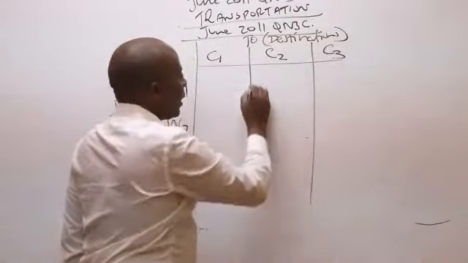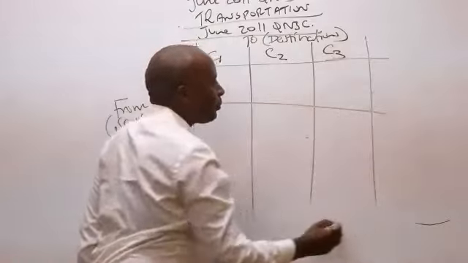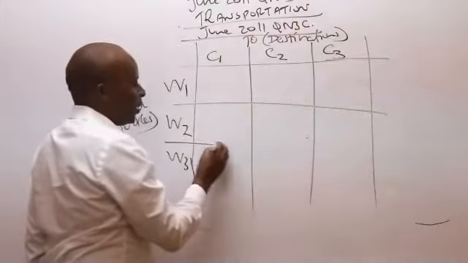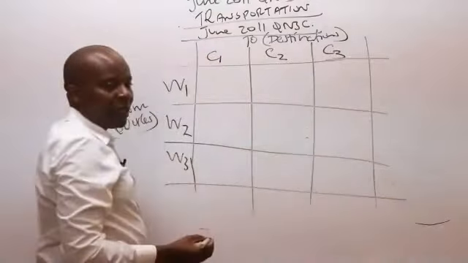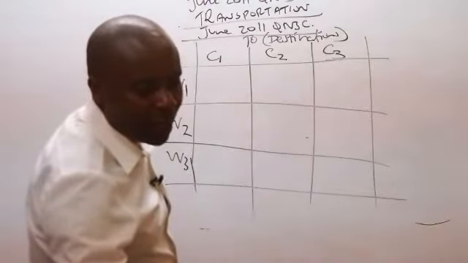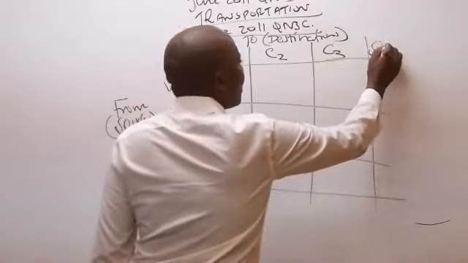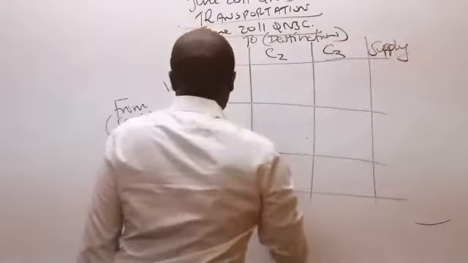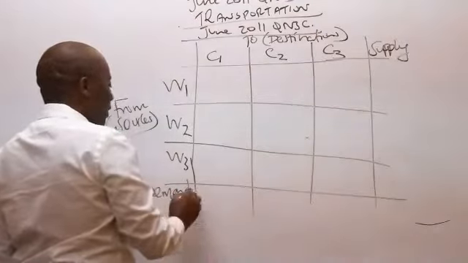Then, unlike assignment, I'm going to draw these huge cells like that. And then I will put my supply on this side, vis-a-vis demand on this side.